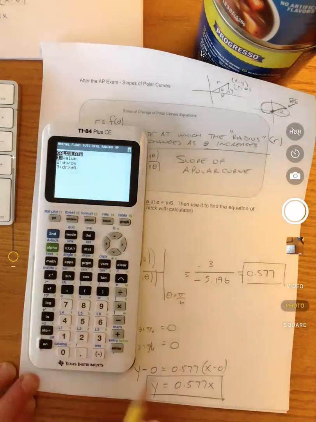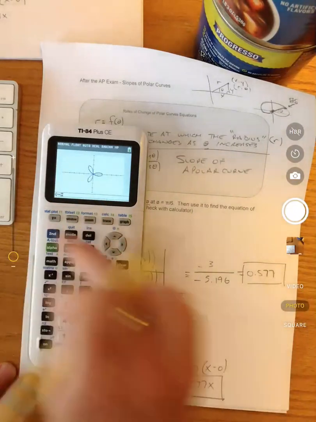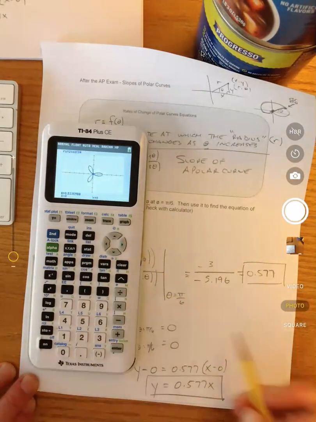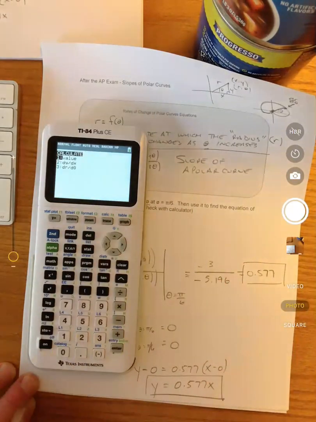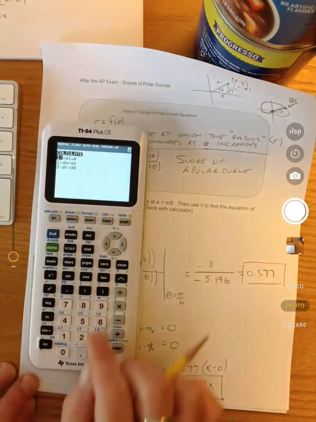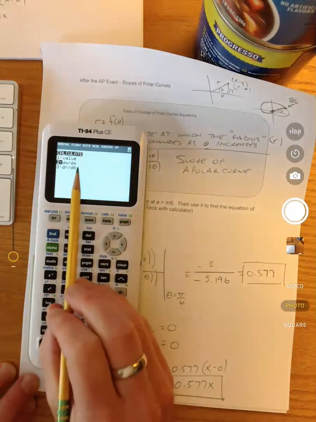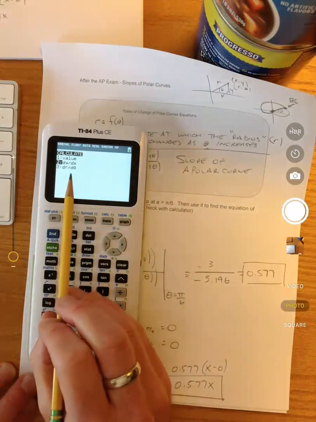So first of all, value: if I wanted to know the value, I could just hit that and type in pi divided by 6, boom, 0, 0. So I wouldn't have had to do that work. And if I go back in, if I wanted to know the slope, I would have to do number 2, dy/dx. Notice dr/d theta is there, but that's not the slope. That's just the rate of change of the distance from the origin.